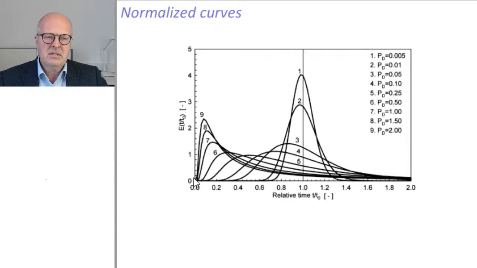Now in this case, that the value instead of being 0.1 is 2, we get a very asymmetrical shape, and we observe that most of the tracer comes very early, but still the residence time of the system is this one.